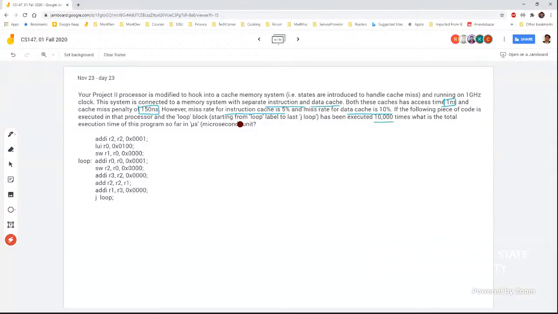So what is going on here: in order to hook into the cache, we have this 5-cycle pipeline. Each instruction will take 5 clock cycles normally: instruction fetch, ID/RF, EXE, MEM, and write back.